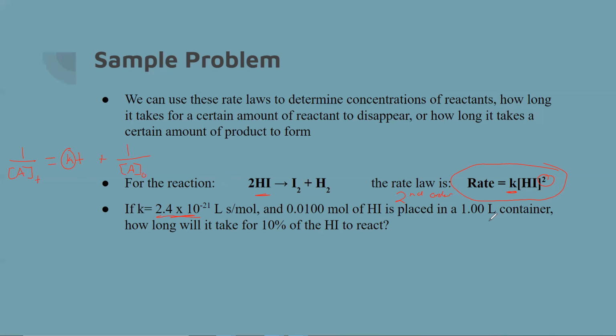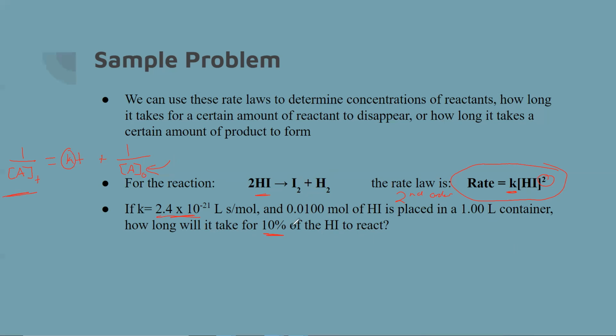So we do, in fact, have an initial concentration because 0.0100 moles divided by 1 liter is 0.0100 molarity. So we know this number, our initial concentration. And what we are being asked is how long it will take for 10% of our HI to react. So we have to actually figure out our final concentration.